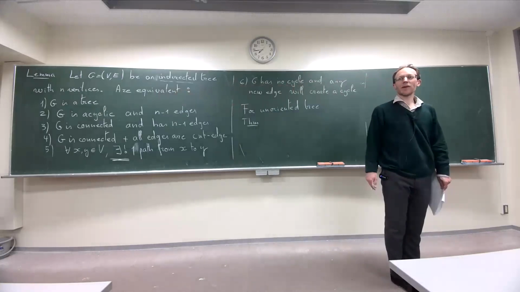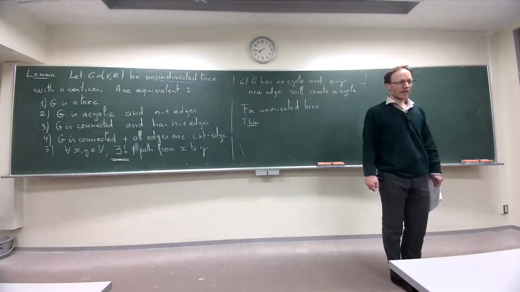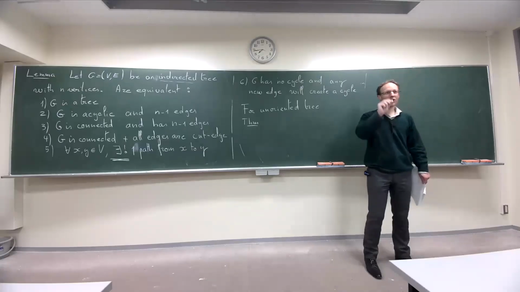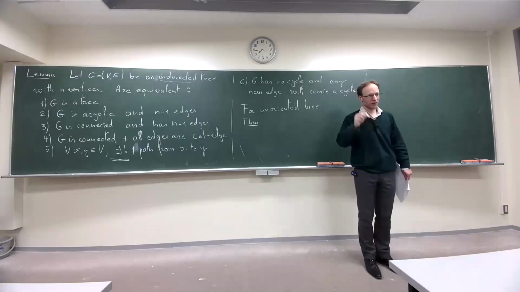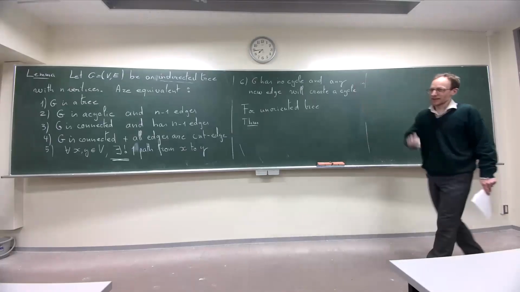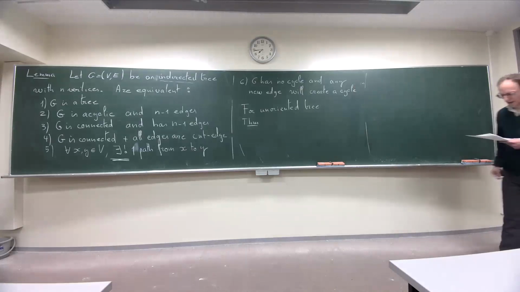Who remembers? Yes. It's the place which is central in the graph. It's at a minimal distance from everybody. So the distance from this point to everybody is a minimal one. Yeah, the eccentricity is equal to the radius. You're right.